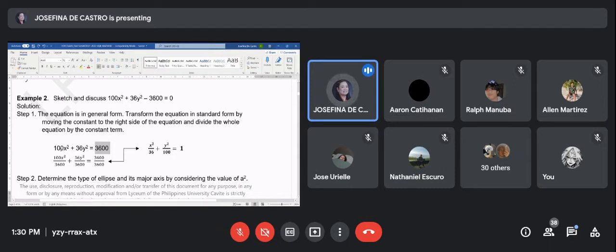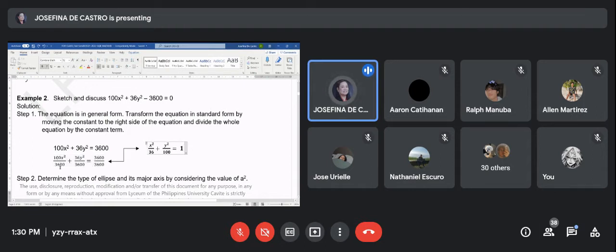And then divide each term by that number also. Kasi ang equation natin in standard form ay laging equal to 1. Remember that, equal to 1. Hindi equal to 0. Ang standard form of the ellipse is equal to 1. Okay? And then divide each term by 3,600.